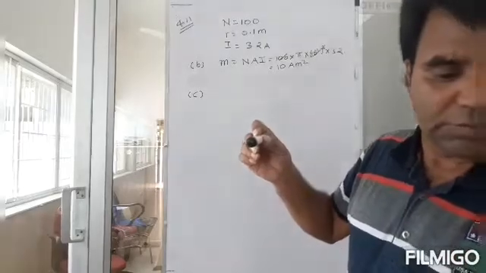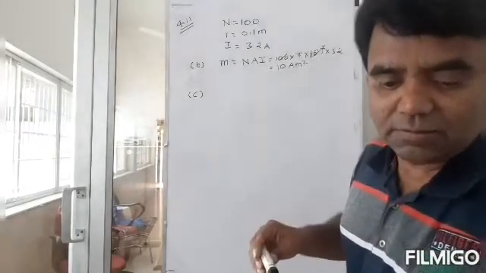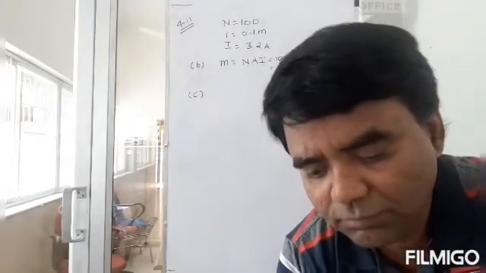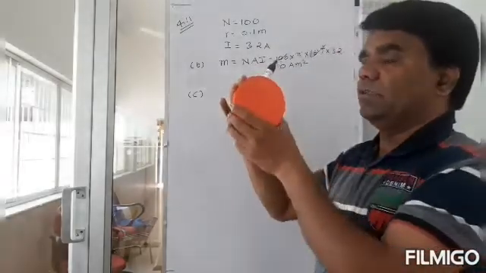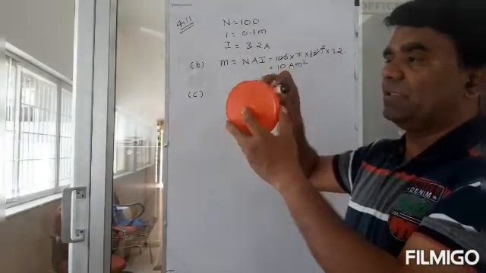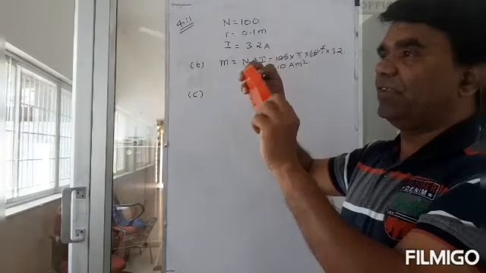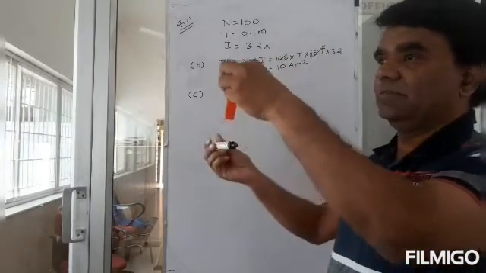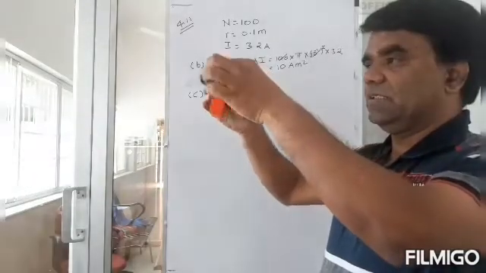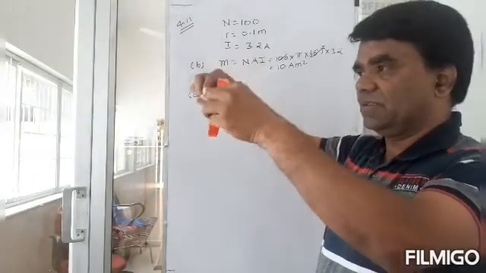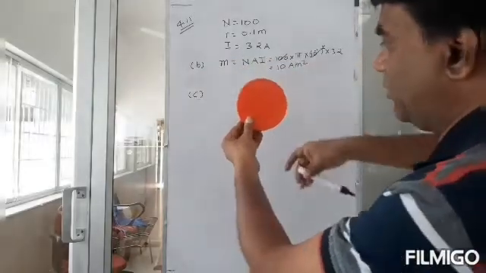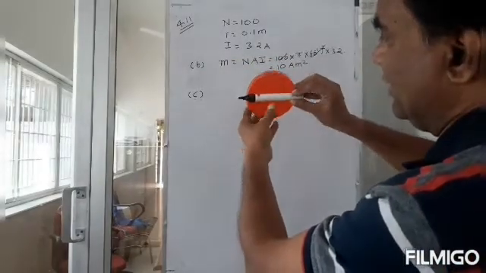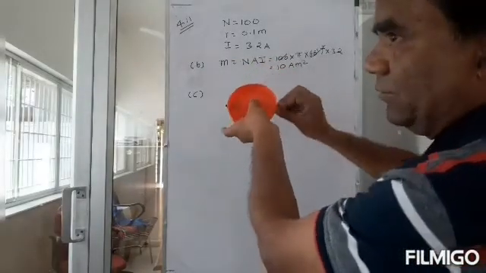So it is placed like this. It's a vertical plane, so there is a horizontal axis you got. Then it is free to rotate about this horizontal axis. So the vertical plane is this, there is a horizontal axis, and it is free to rotate about this axis.